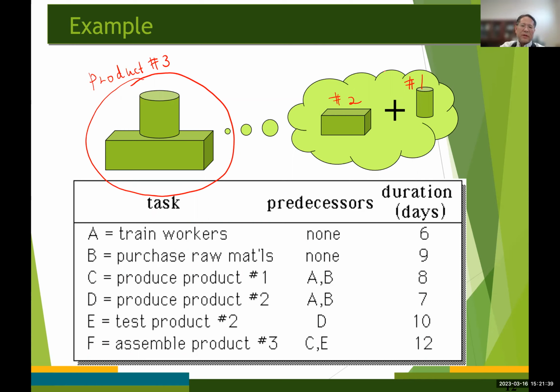If you look at the precedence relationships on this table, we may say that before production begins on either product number 1 or number 2, the raw materials must be purchased, right? And the workers must be trained. That is, both activities, C and D, have 2 predecessors. They are A and B.